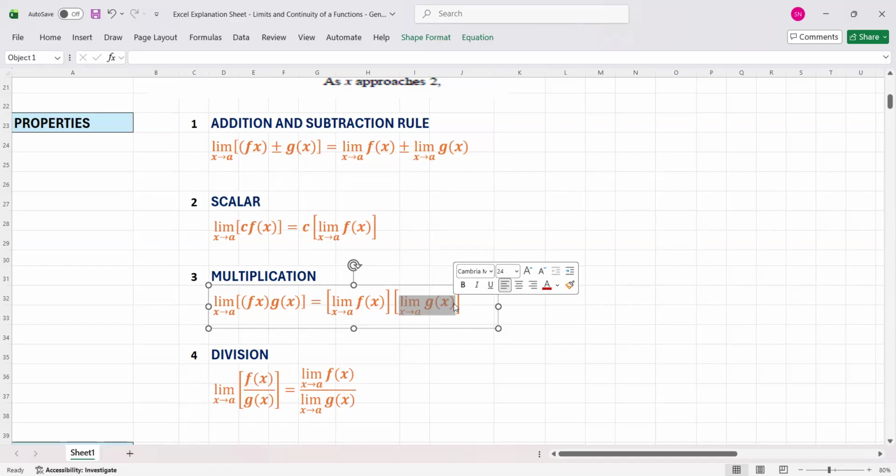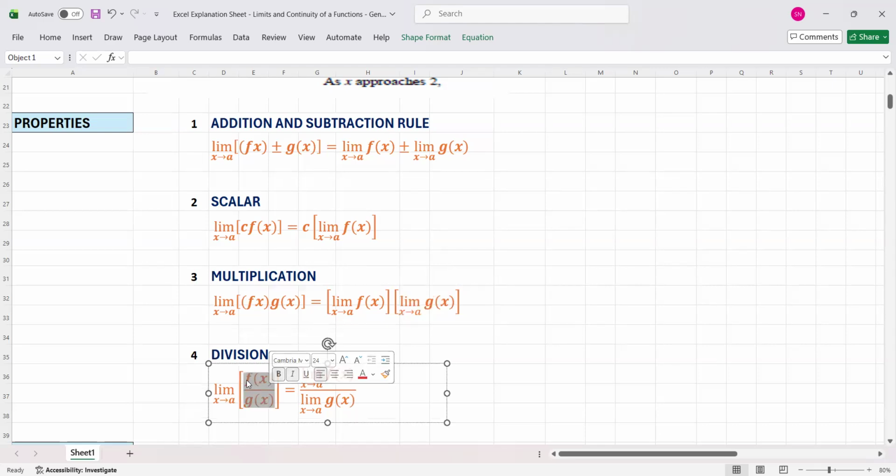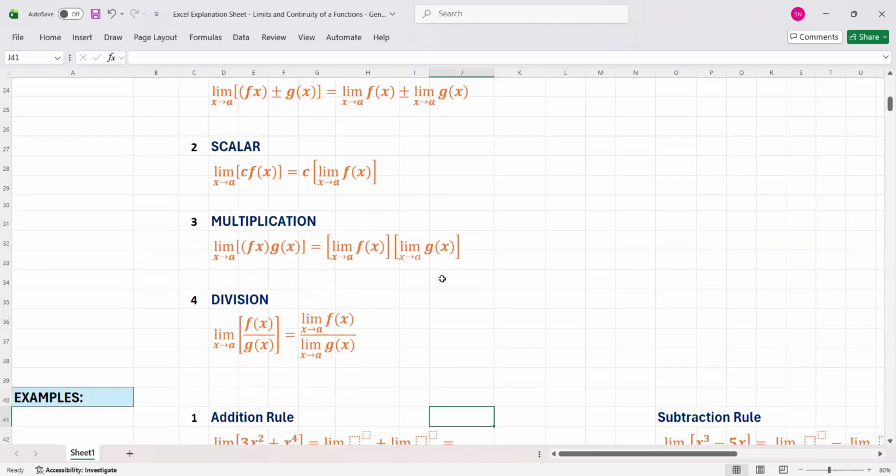So it allows us to add and subtract, it allows us to multiply, it also allows us to divide. If you have two functions dividing, you can find the limit of the first one divided by the limit of the second one. Okay, so these are the various properties of limits.